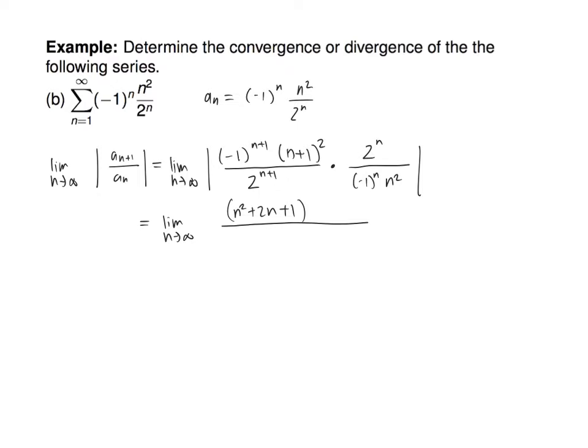What happens with the 2 to the n plus 1 and the 2 to the n? Cancels out, and you're left with a 2, and it's in the denominator, right? Yep. Is there anything else left from the other denominator? n squared. Great.